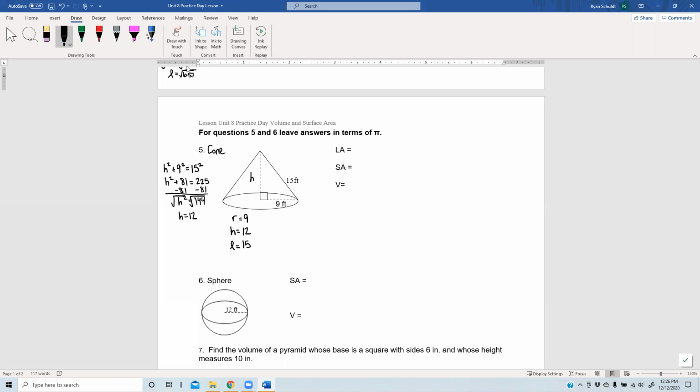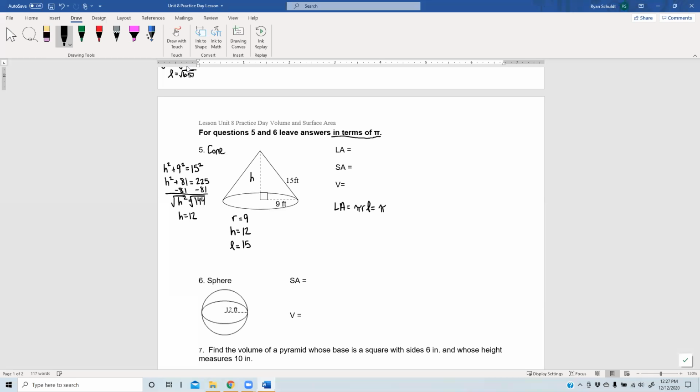Now, on these, they ask us to leave our answer in terms of pi. So again, we can't touch pi. On this one or the next one. The lateral area of a cone, it is pi RL.